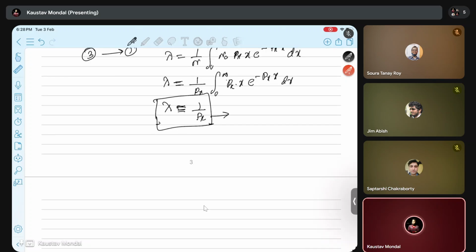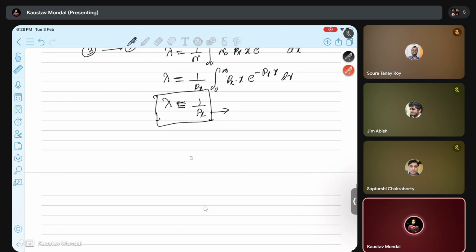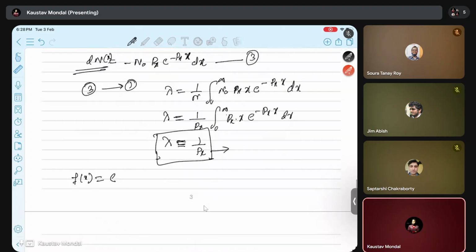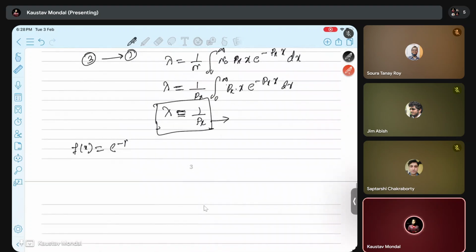Now from here we can calculate the survivability equation. We know the f(x) expression, right? These expressions are very important. This P(x)x, we know P(x) is 1 by lambda, so it would become e to the power minus x by lambda.